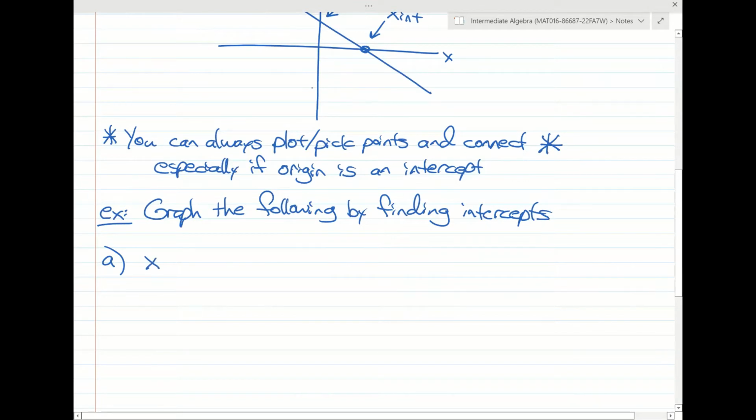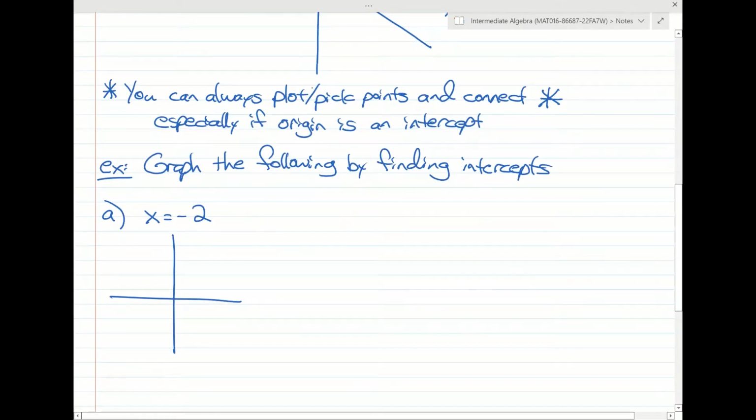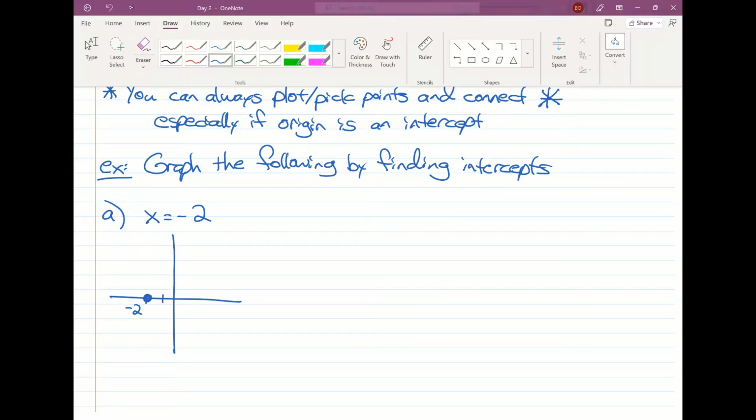Start with x equals -2. That is right here. What you have to remember is, is it a horizontal or a vertical line? Vertical. That's what we said in the beginning of the class.